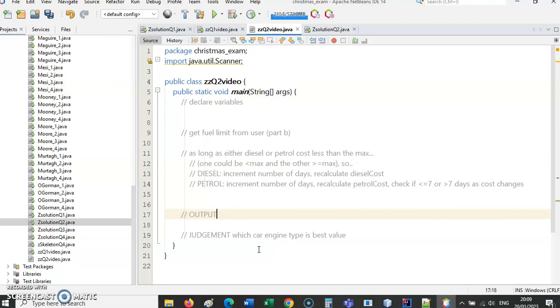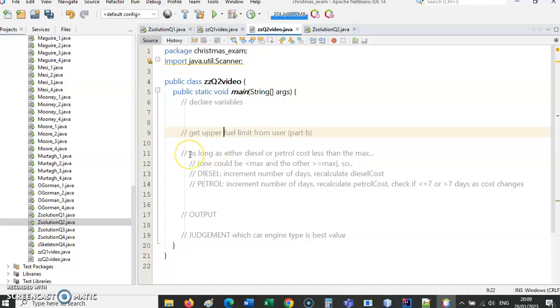The ultimate price of 2.50 is actually not going to be constant because in part B the user can change the fuel limit, so we'll factor it in from the start. We'll declare the variables, get the upper fuel limit from the user, and then do our calculations. How many days it's going to take will be based on that.